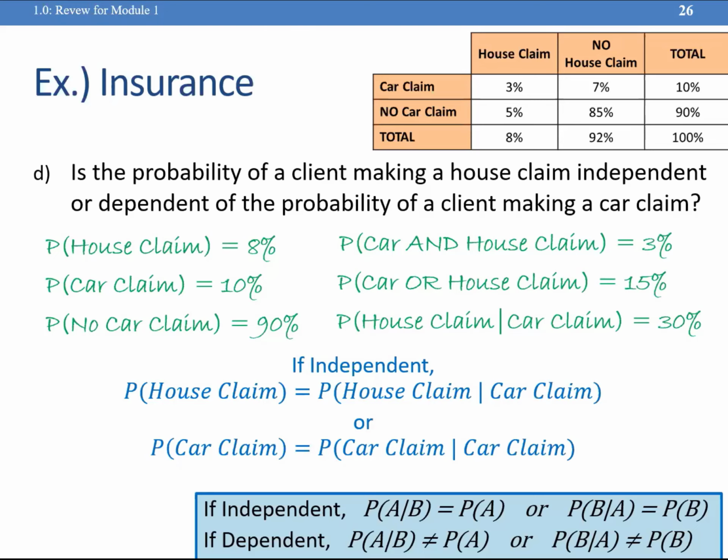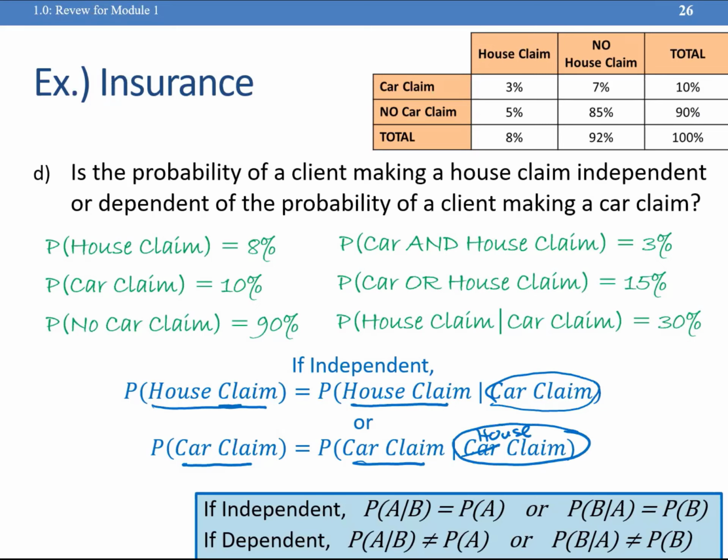If it's independent, the probability of a house claim doesn't change under the condition of a car claim. Alternatively, I could look at it as the probability of a car claim should not change given a house claim. So either of these approaches would work. I just have to choose one of them.